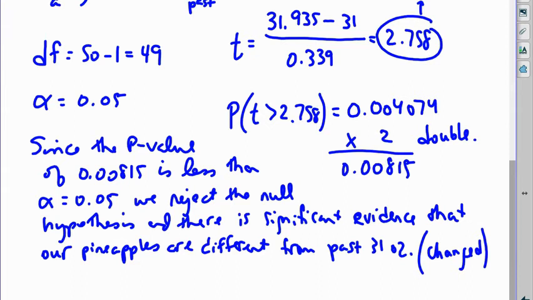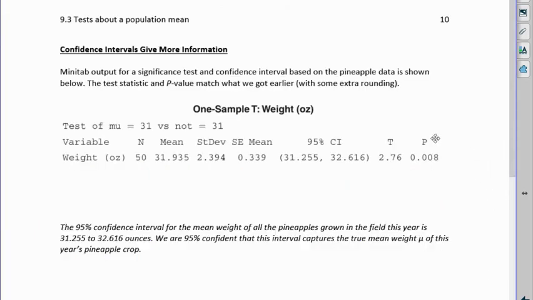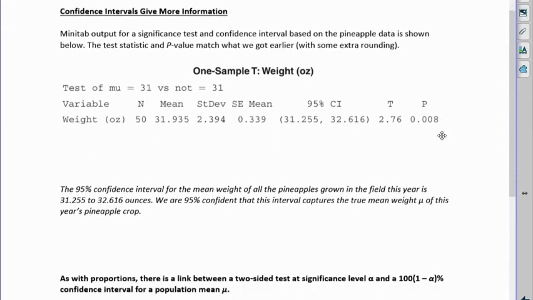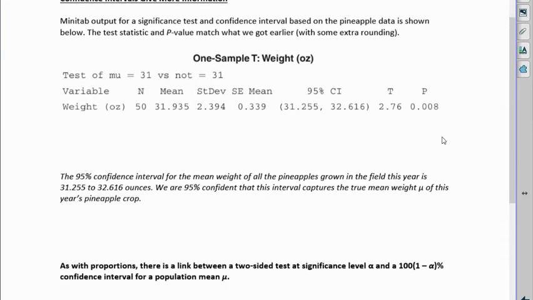And that's doing a two-tailed test, which then relates really well to the confidence interval. And here's some Minitab output that you might see something like this in an AP test, even on one of my AP tests. And you can see that there's the t-value that we actually just got on the other page. And here's the p-value that they're going to report in Minitab.